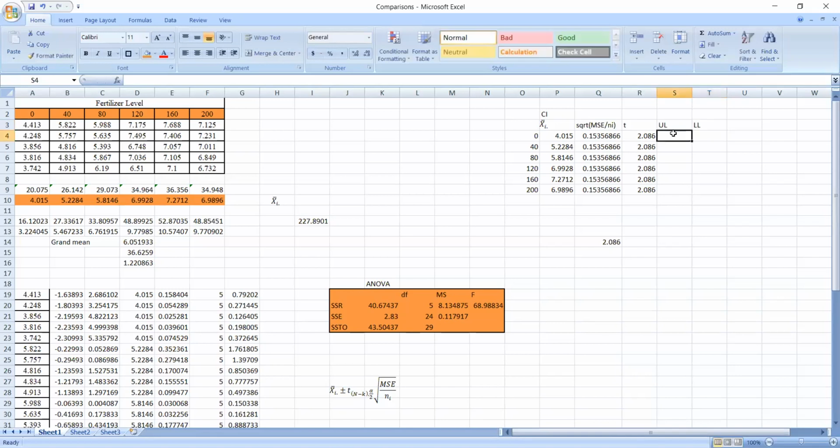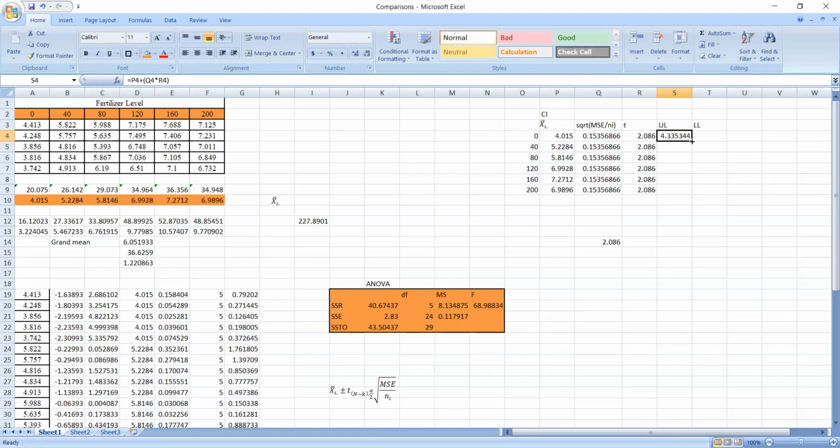For the first treatment, to calculate the upper bound, you take the mean value and add the multiplication of the square root of mean square error divided by the treatment sample size, times the table value of the T distribution.